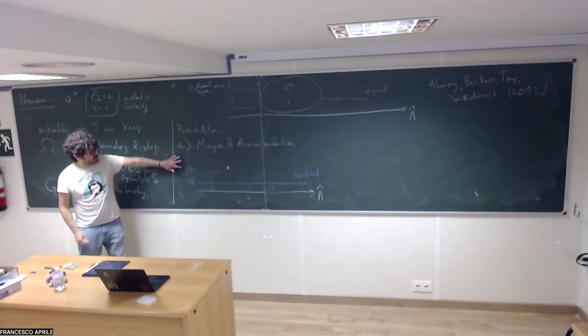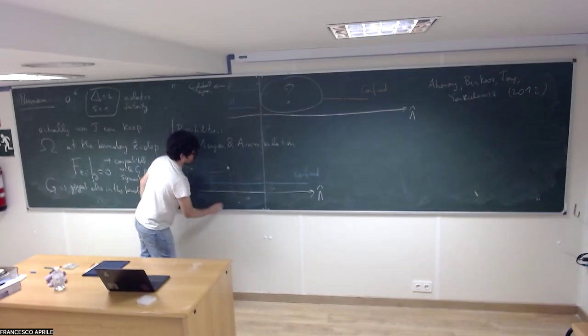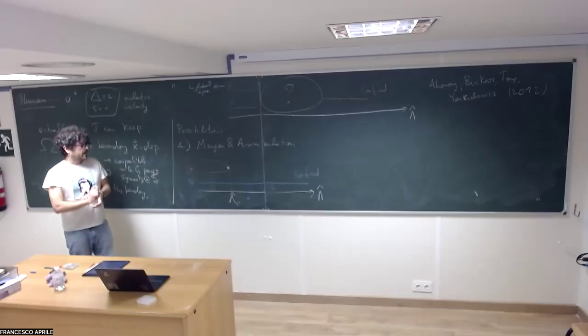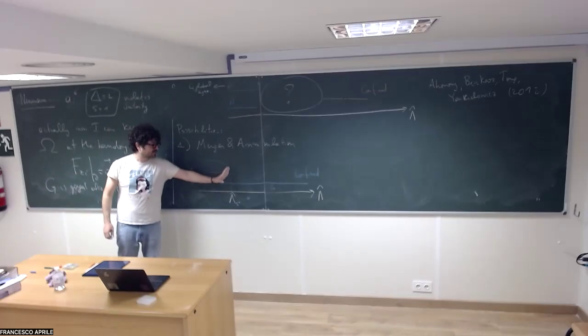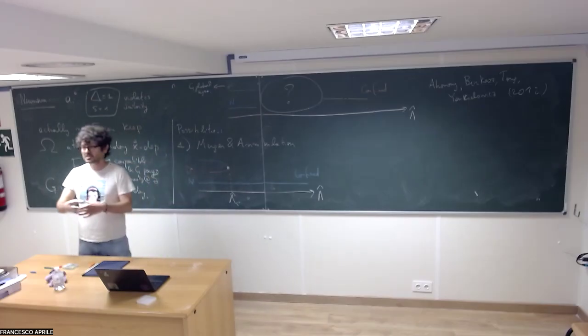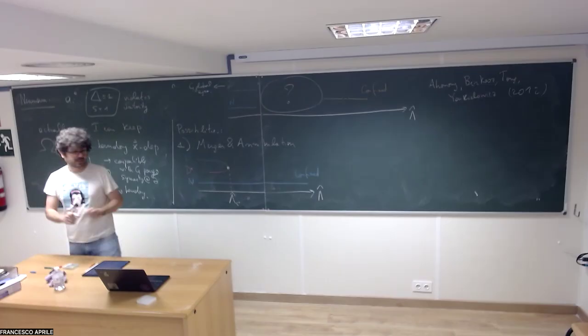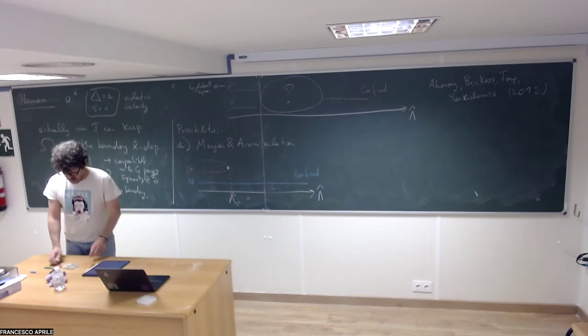So one possibility is that this happens like this, at some critical value. You should think about it as after this, Dirichlet becomes unstable, and there is some bubble of the confined vacuum that takes over, and then you go to the normal boundary condition.